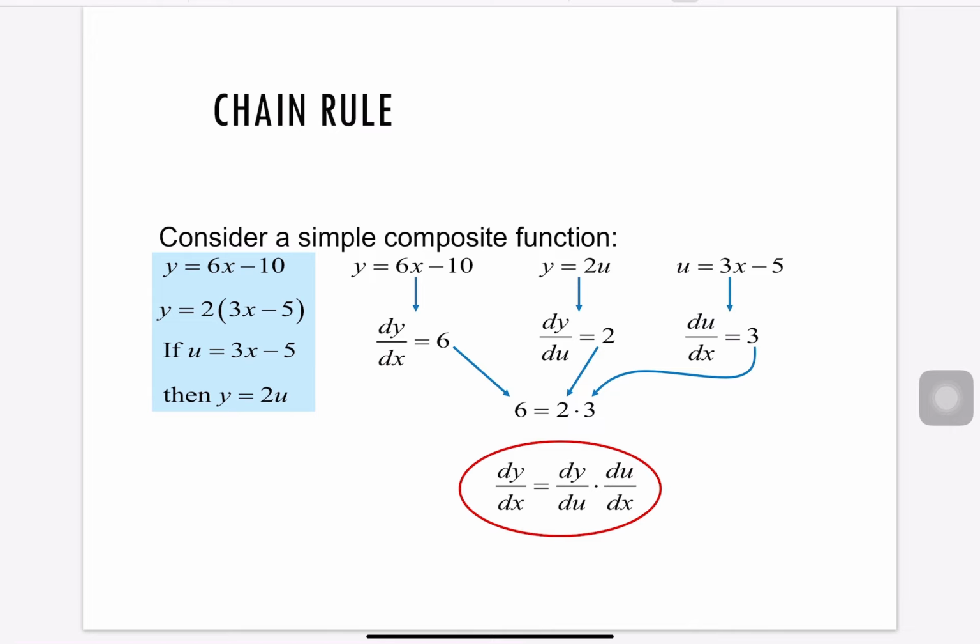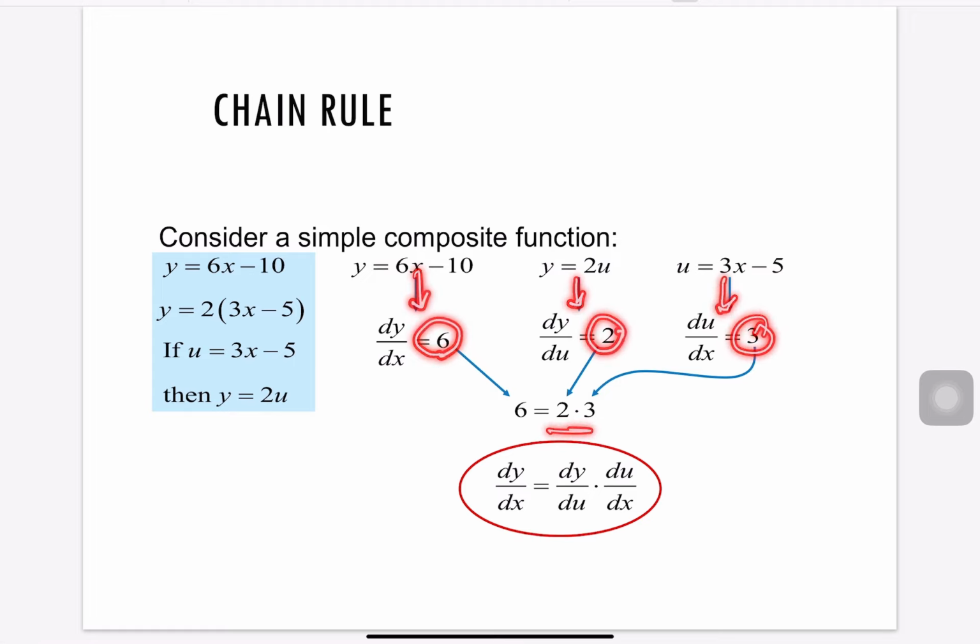When we want to calculate the derivative of y with respect to x, we can find the derivative of y with respect to u, multiplied by the derivative of u with respect to x, and the result will be the same. Okay, y derivative will be 6, y to u derivative will be 2, and u will be 3.